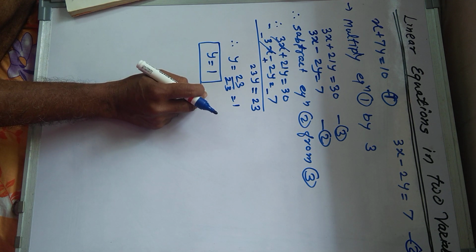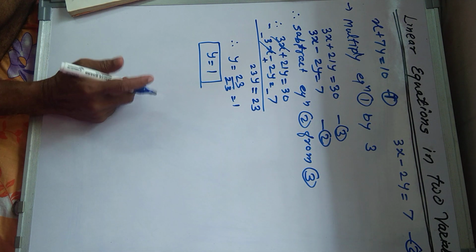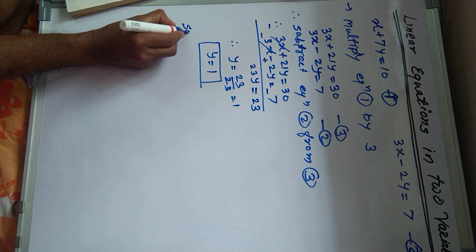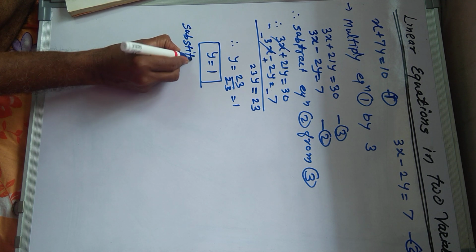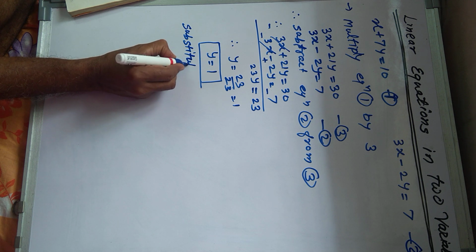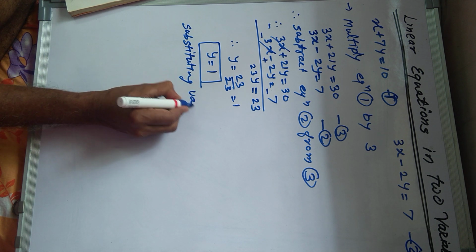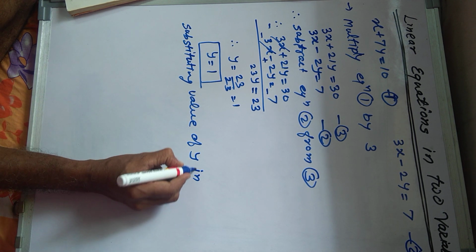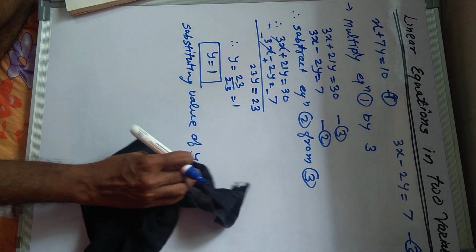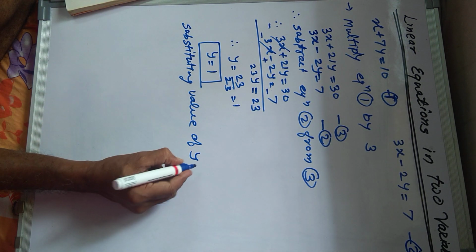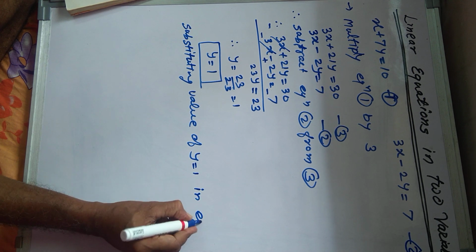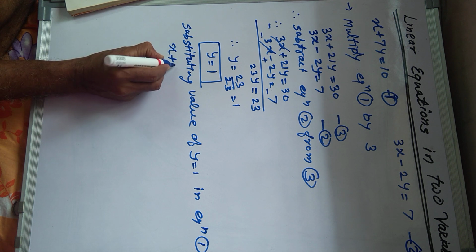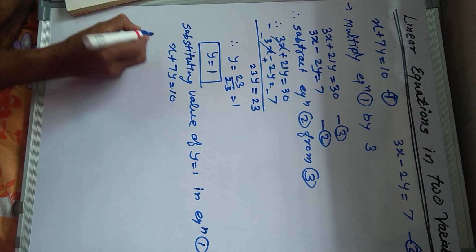Now substitute this value in either equation 1 or 2, and we get the value of x. Substituting the value of y is equal to 1 in equation number 1, we get x plus 7y is equal to 10.